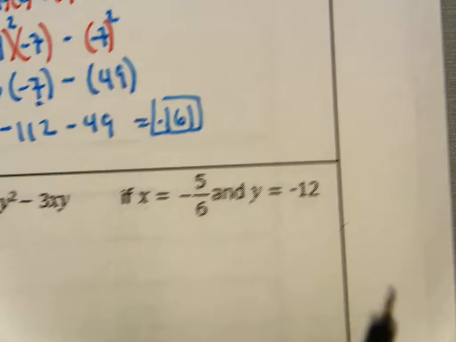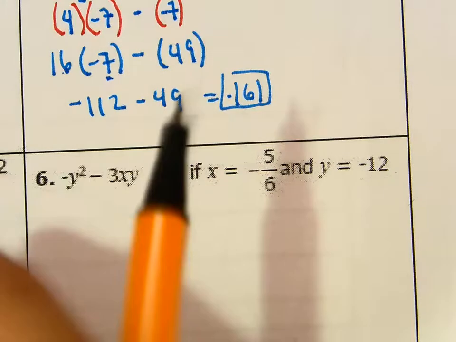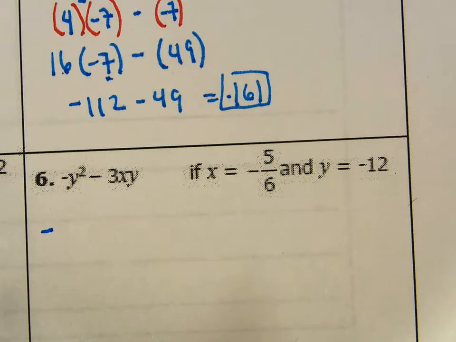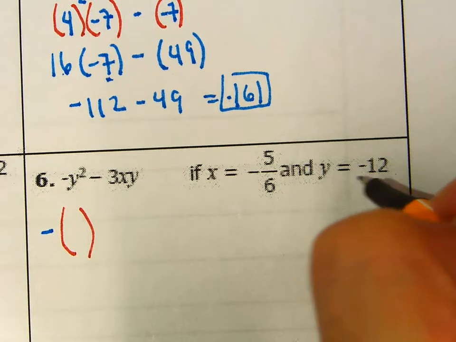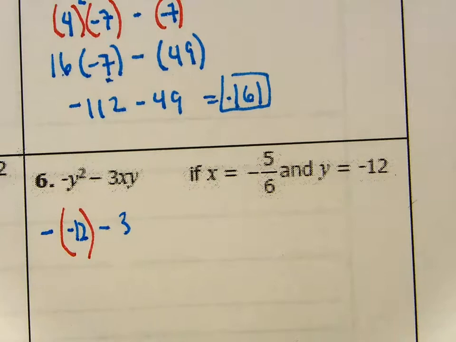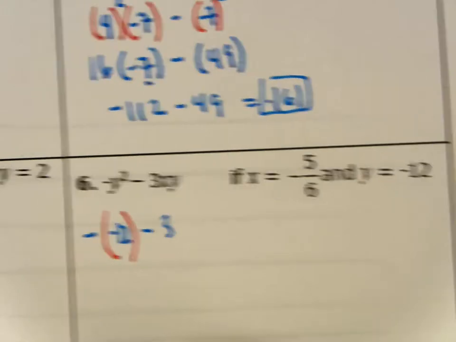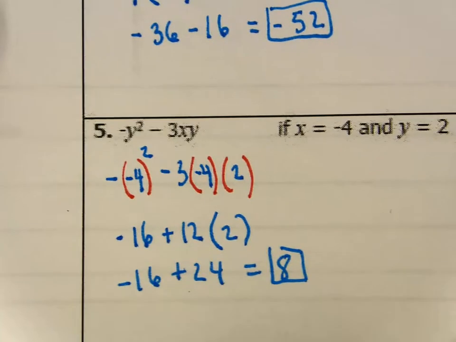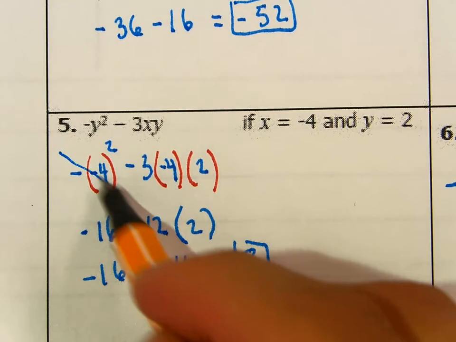Okay. And ooh, this one, dum dum dum. We have a fraction. Don't freak out. So now here, same idea. I have negative parentheses. This is, my y is negative 12 minus 3. Oh, pause. I just realized I made a mistake for this one. I mixed up my x and y. Oh no, this is wrong.